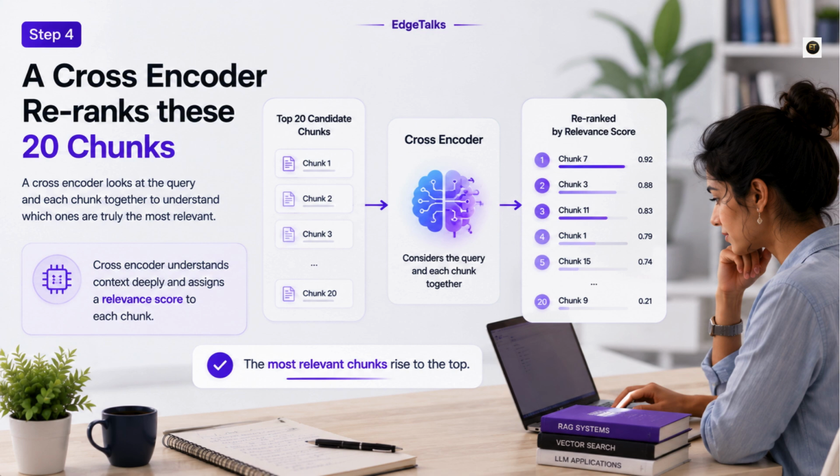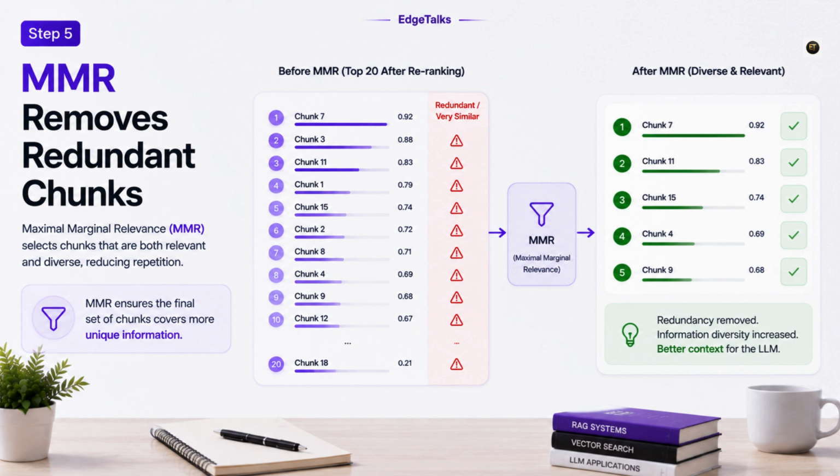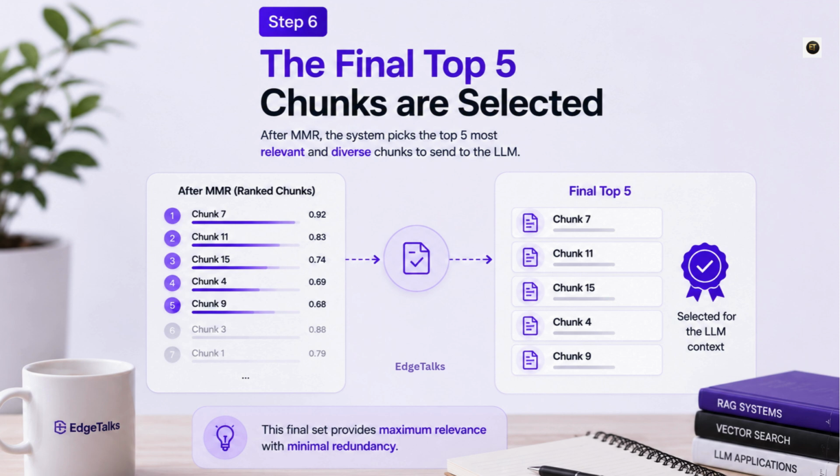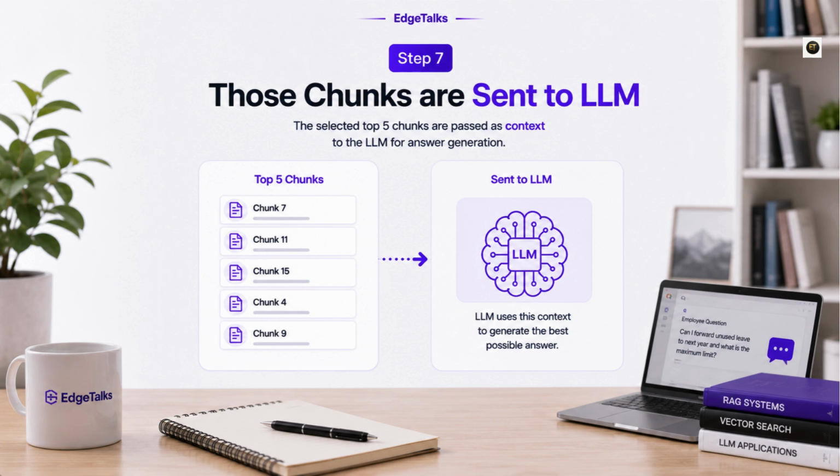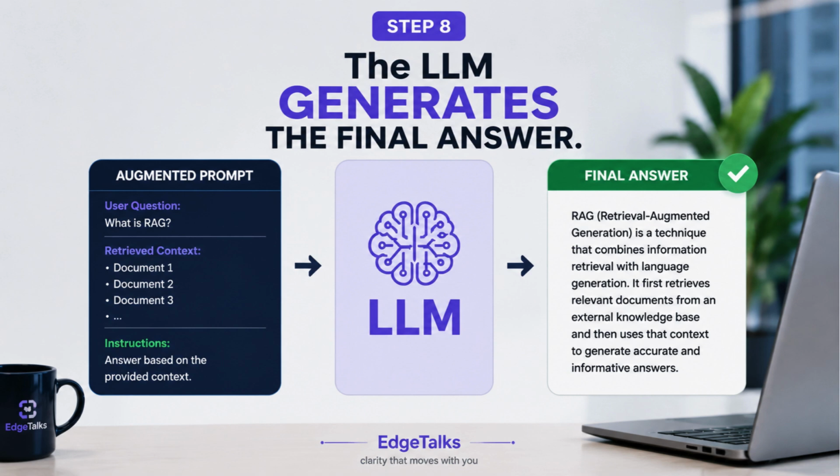Step 4, a cross-encoder re-ranks those 20 chunks. And then step 5, MMR removes redundant chunks. Step 6, the final top 5 chunks are selected. And then in the next step, those chunks are sent to the LLM. Step 8, the LLM generates the final answer.